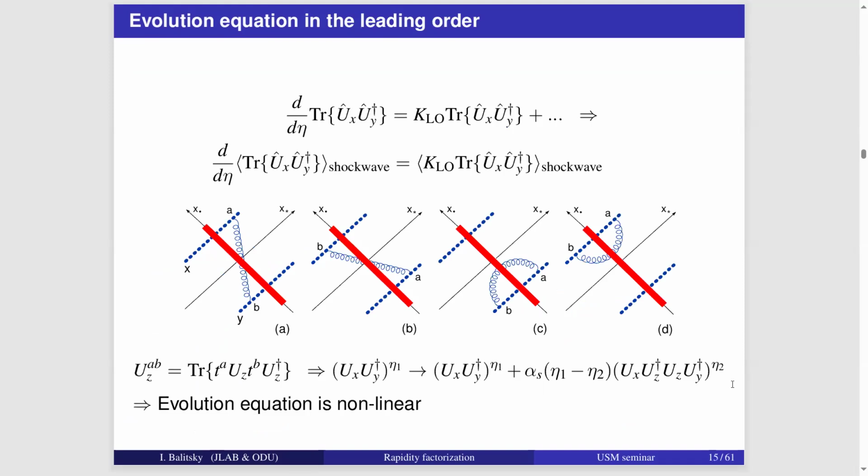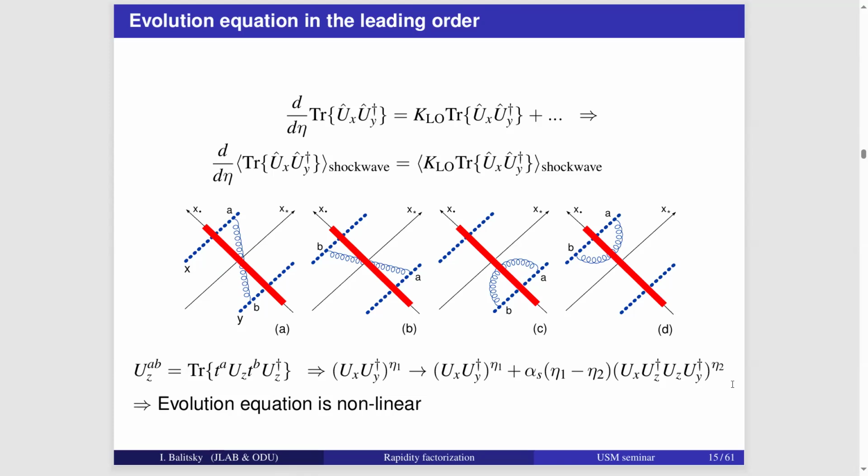The beginning of the evolution is a Wilson line, colored in blue, emitting a gluon and absorbing the gluon, and it goes through the pancake of the target. Now, as the result of the evolution, you need to count Wilson lines inside this red shockwave. So here will be the same Wilson line, here the same, and here a very fast gluon Wilson line.